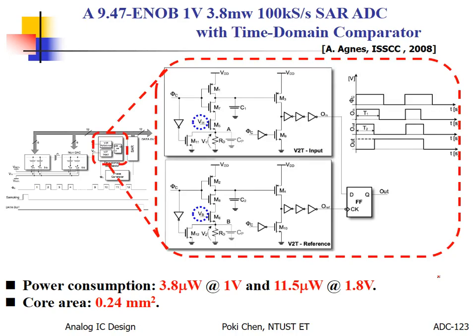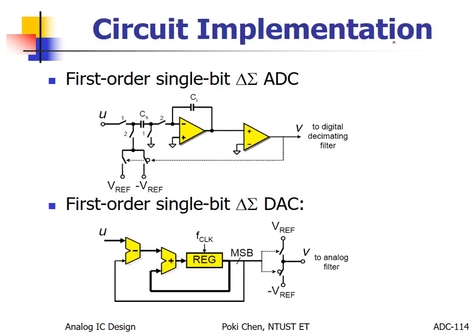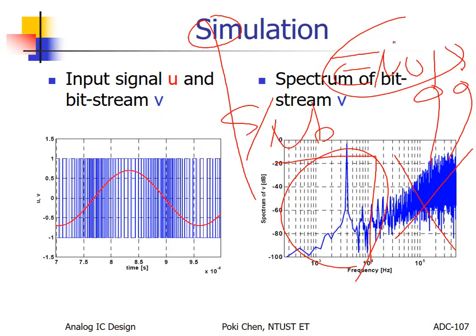With the help of time domain comparator, we can reduce the overall power consumption very much. A very simple idea. For ADC, never mind what kind of structure, you still need to compare your input to output, right? Your quantizer.